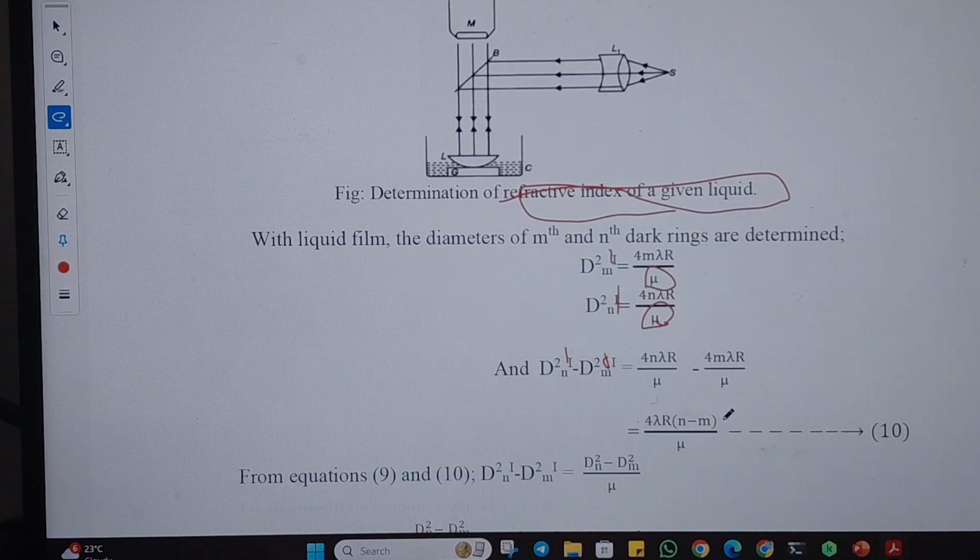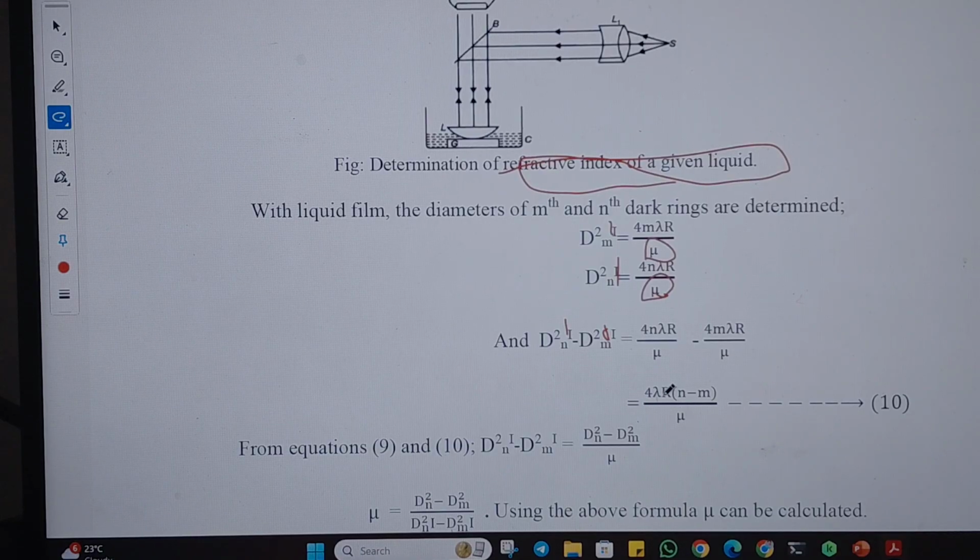So we can simplify the equation. We get Dn square dash minus Dm square dash equals 4 lambda R into n minus m by mu.